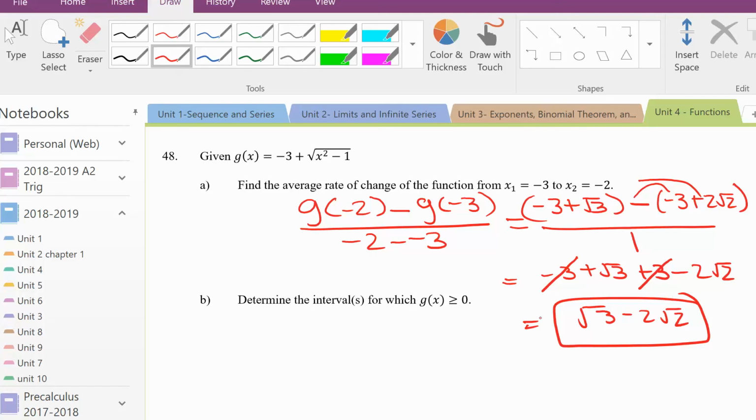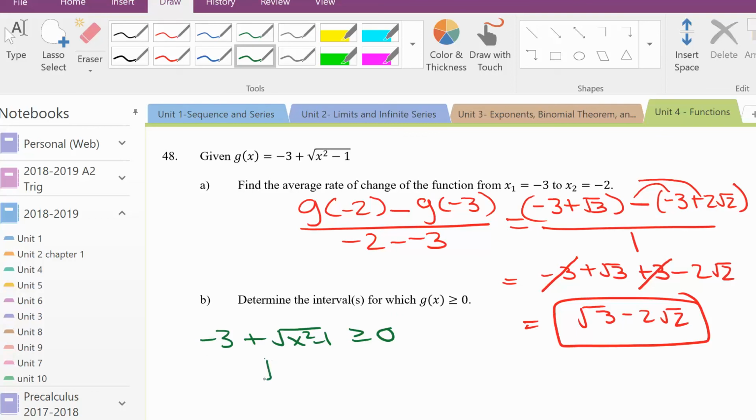Determine the intervals for which the function is greater than or equal to 0. So negative 3 plus rad x squared minus 1 greater than or equal to 0. Let's do this first, sorry, before we square it.